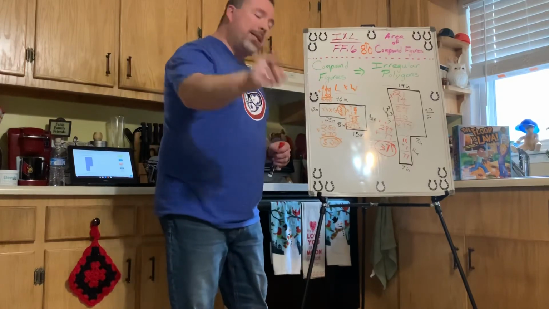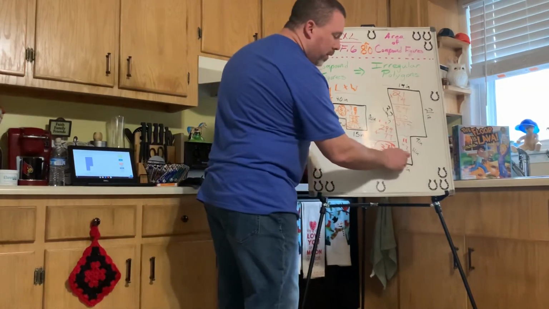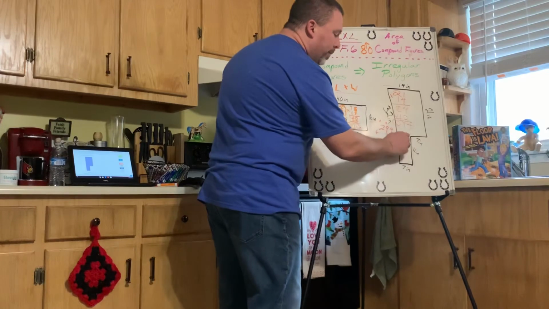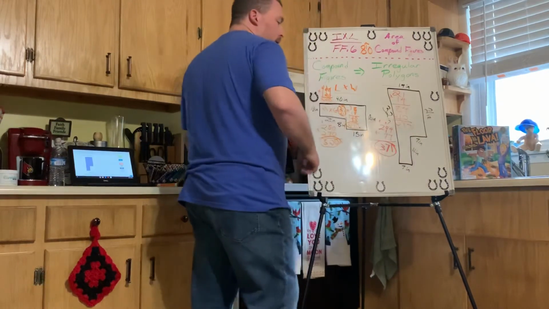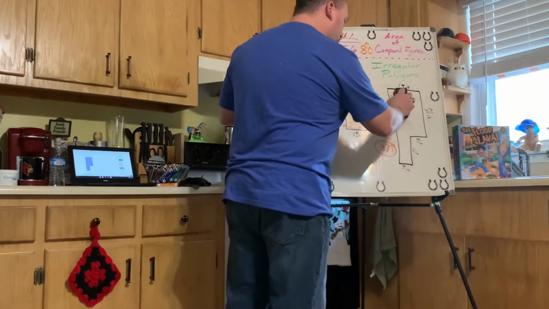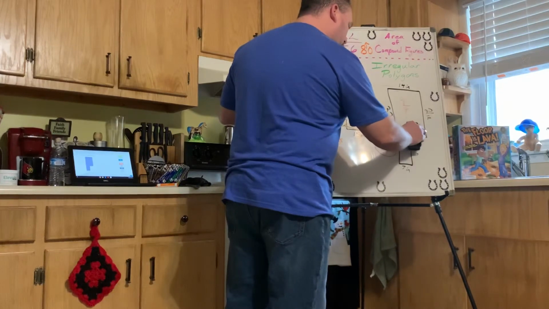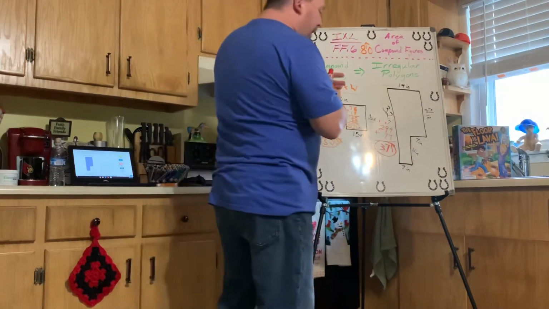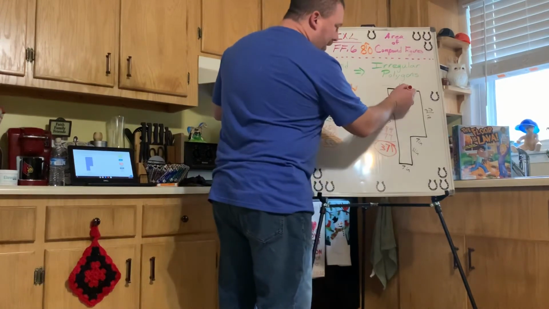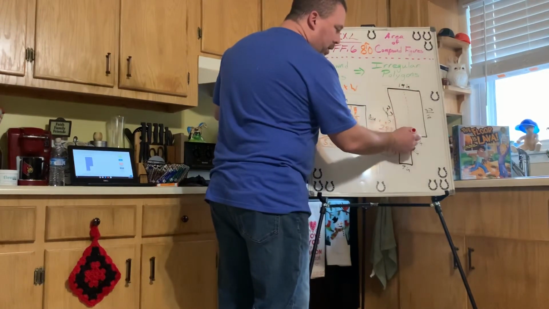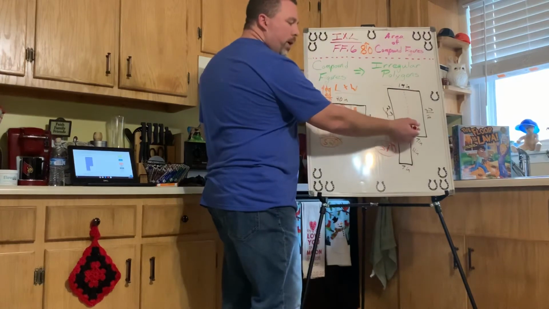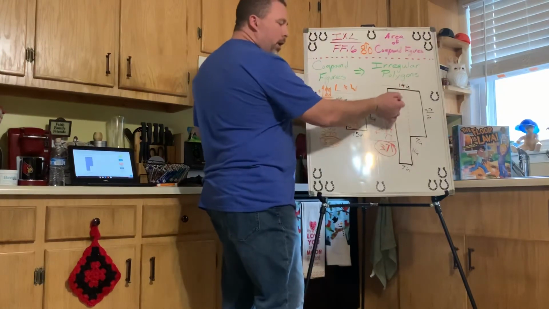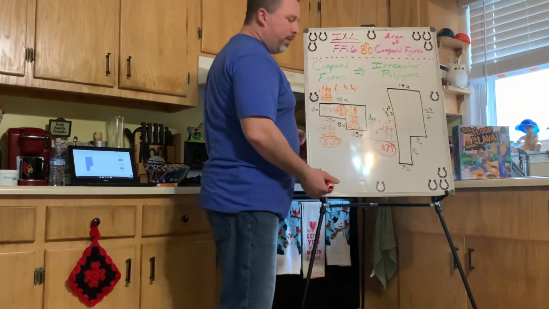Are you sure that would work if you did it the other way? Yes, I am. And let's actually do that so that you can see. I'll erase these. And here we go. Now, we'll divide this long ways. So we have a short rectangle on the right and a long rectangle on the left.